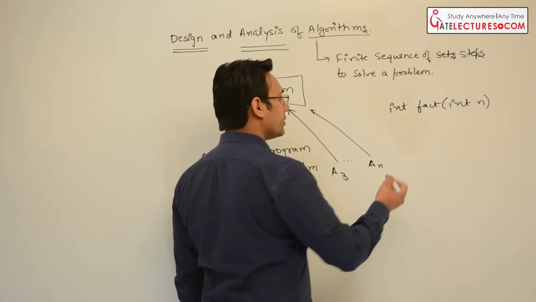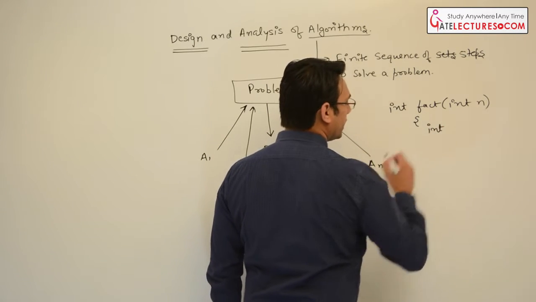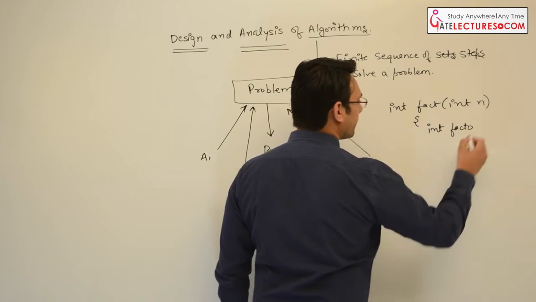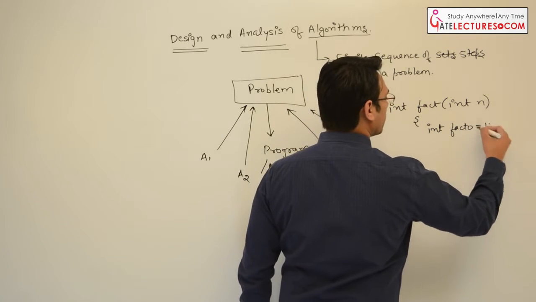Okay, now what you can do is, let us suppose I am taking one more variable, int facto, which is equal to 1. Int facto is equal to 1.